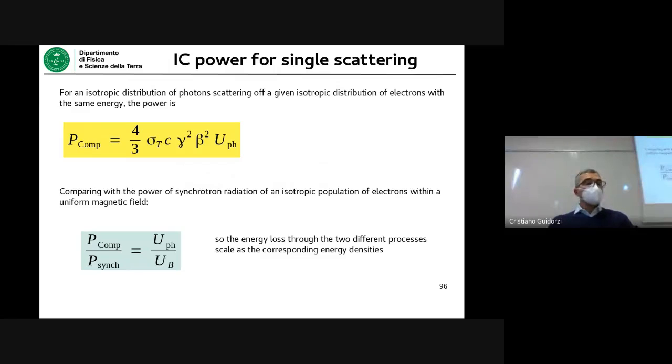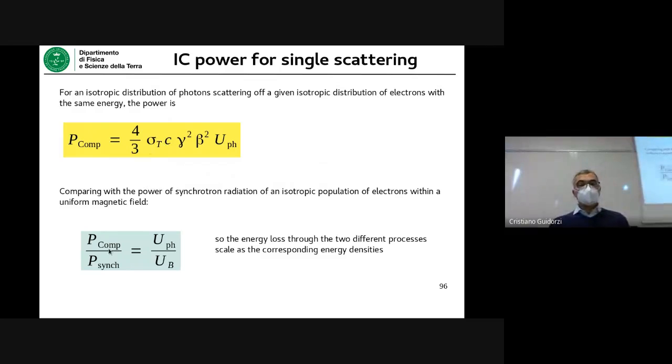And if you remember the analogous formula in the case of the synchrotron radiation, the total power lost by the electron, you have exactly the very same formula, except for the fact that instead of the energy density associated with the photons, you have the energy density associated with the magnetic field, which is B squared over 8 pi in the CGS, in the Gaussian system.